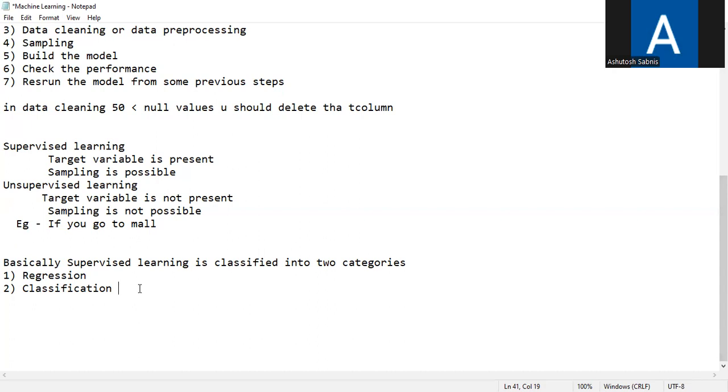In regression, the output is a real and continuous value. I will write it down and then I will explain. First one, regression.